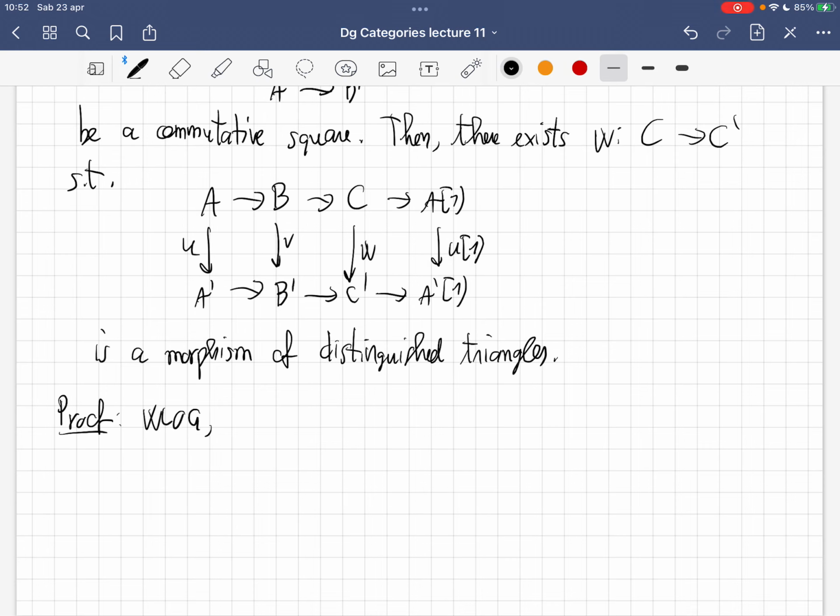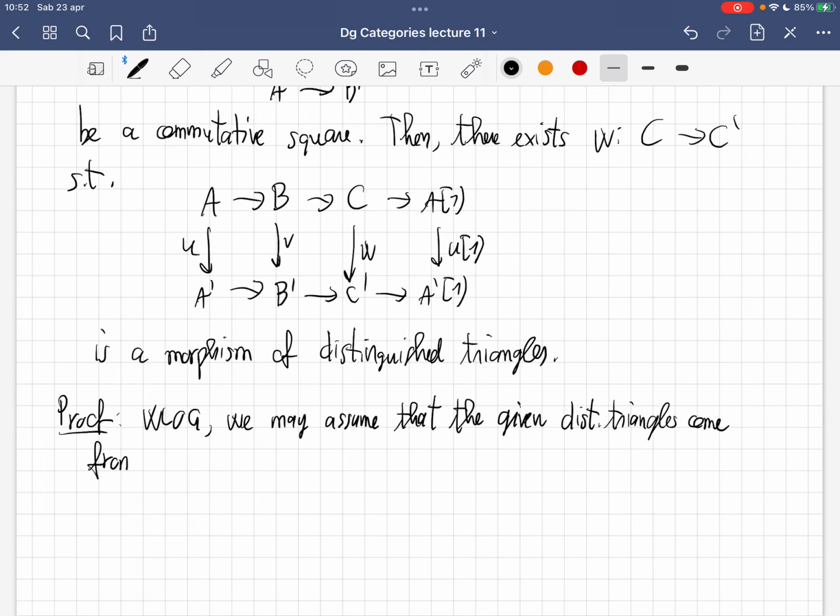So, without loss of generality, we may assume that the given distinguished triangles come from pretriangles.